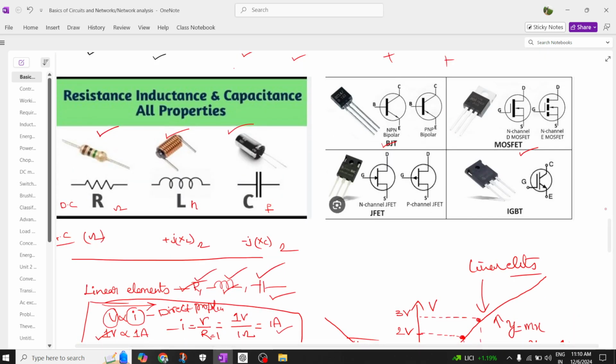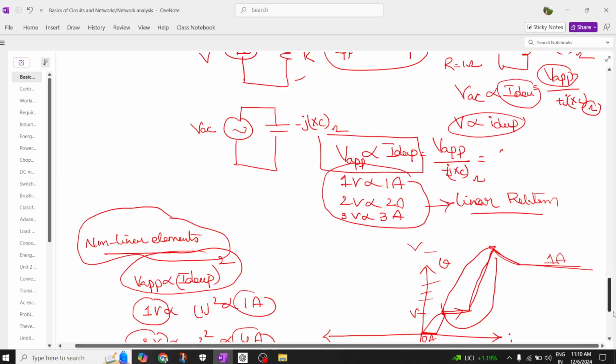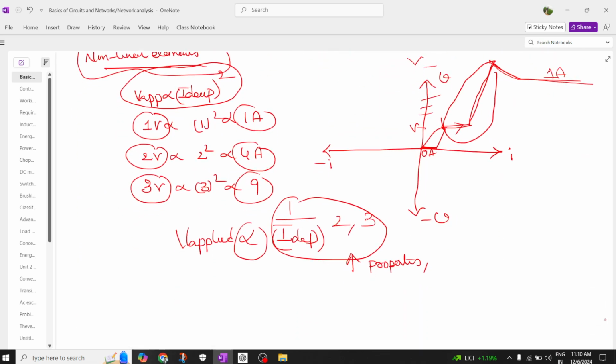You can see this here. This is the symbolic representation. This is the physical power electronic device, which exhibits non-linear characteristics. Therefore, I can say very simply that a non-linear element can be defined as one where, for the applied voltage, current is non-linearly related. It may be 1 by current developed, or developed current square, or cube, or root of.